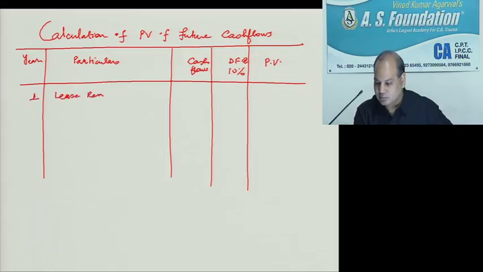Year 1 lease rental net of tax. How much is the first year lease rental? 3x minus, somewhere below tax rate is given, 35%.